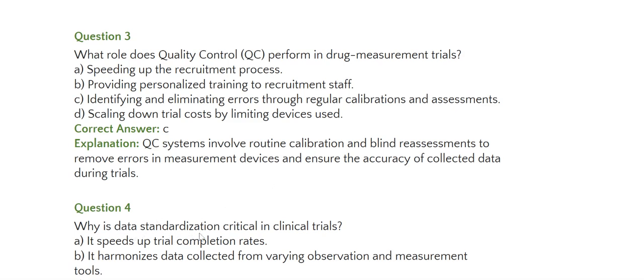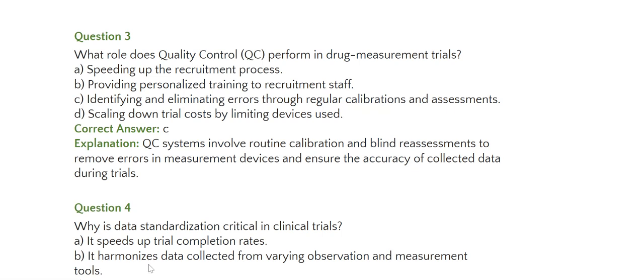Question 4. Why is data standardization critical in clinical trials? A. It speeds up trial completion rates. B. It harmonizes data collected from varying observation and measurement tools. C. It reduces patient dropouts during the middle of trials. Or D. It ensures trial size can shift protocols dynamically.